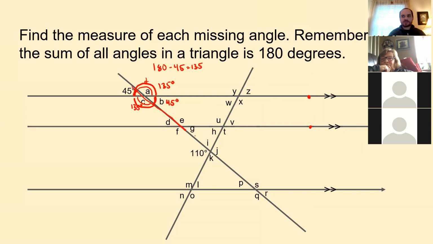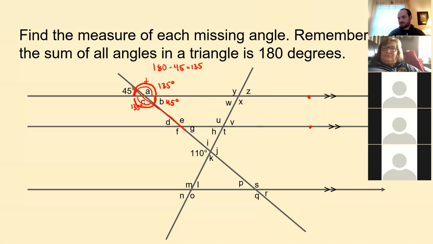It's a funny word, starts with a T. You should all have it in your notes. Translucent? Close. It starts with trans, but it's transversal. So this is a transversal of two parallel lines. Because it's a transversal of two parallel lines, these hit at the same angle. So if they hit at the same angle, can anybody tell me what the angle on D is?